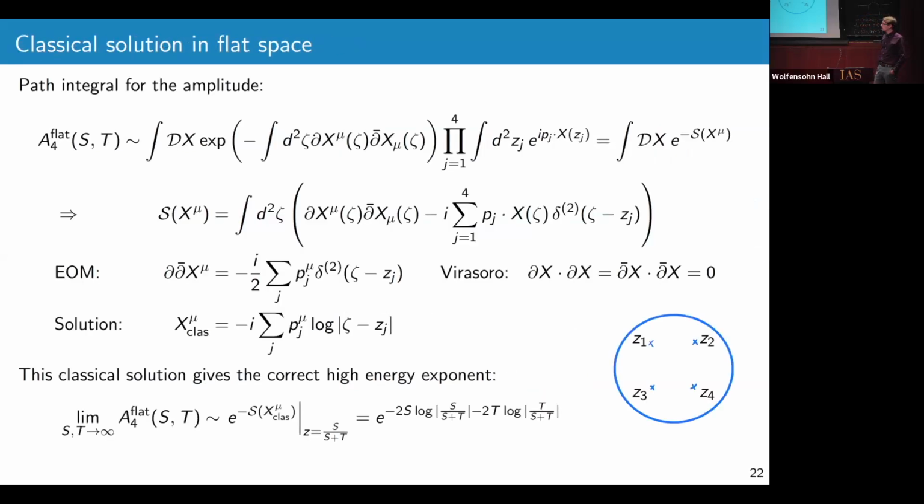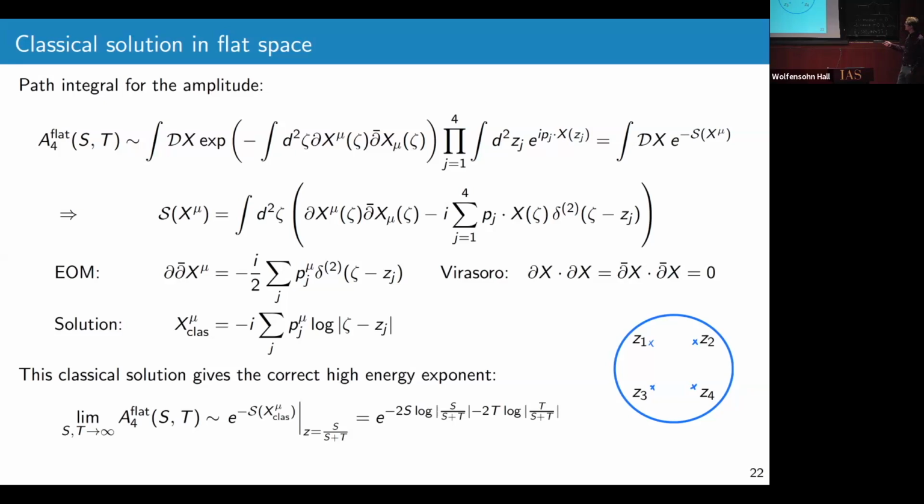Let me review how this is done in flat space. We write down the path integral with the Polyakov action here and 4 vertex operators. And since we are only interested in the exponent, we don't care about prefactors of the vertex operators. And we can write this as a single exponent like this, and write these terms in the integral by introducing these delta functions.